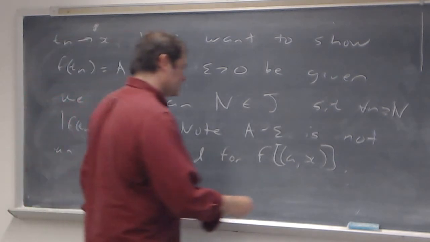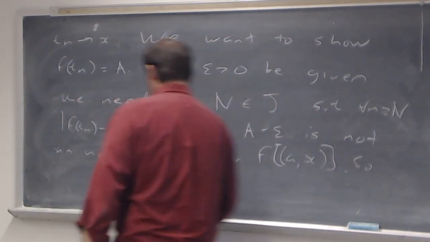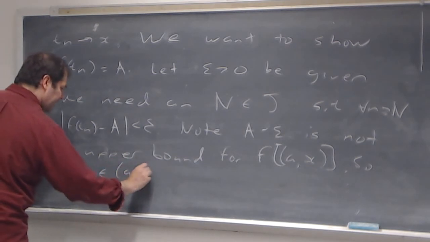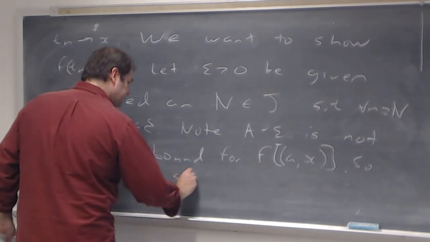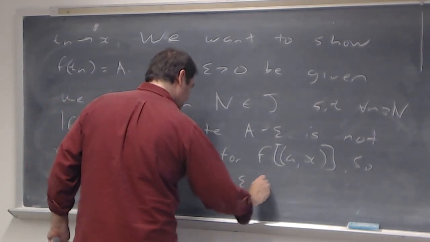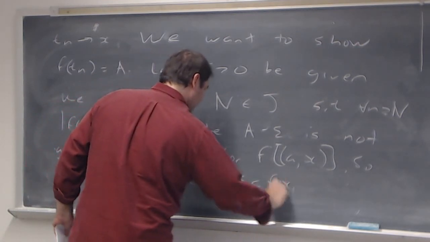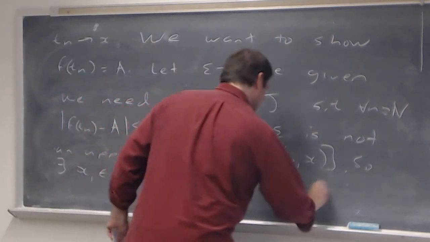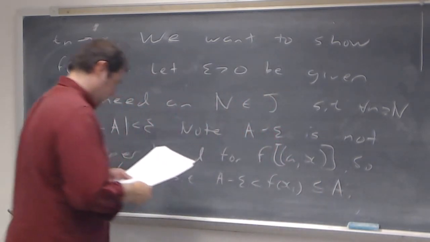What that means is that there exists an x sub 1 element of a to x such that A minus epsilon is less than f of x sub 1. And we know that f of x sub 1 is going to be less than or equal to A.